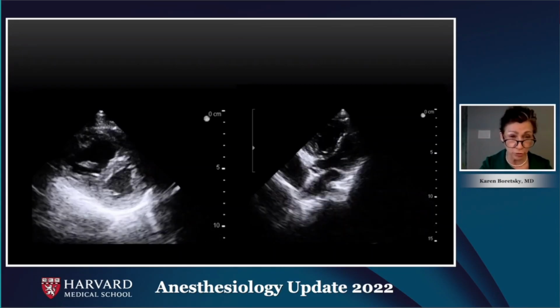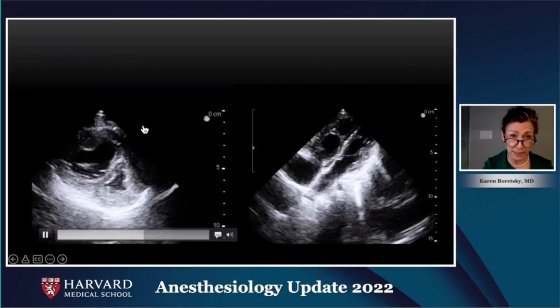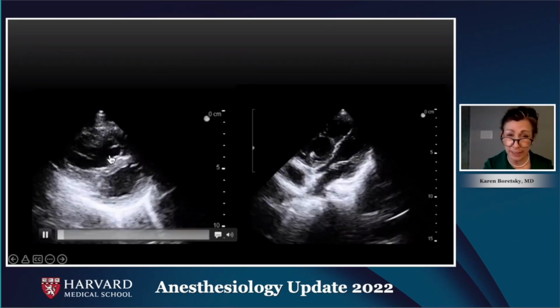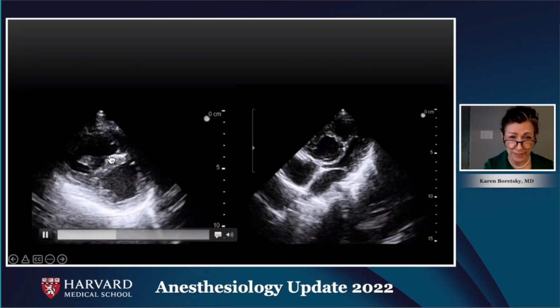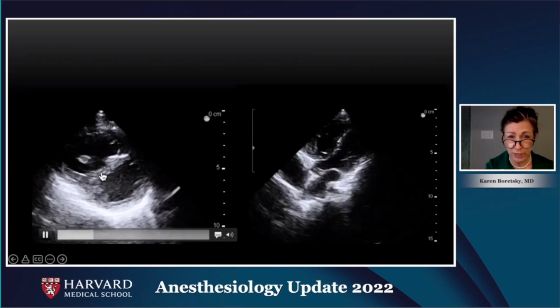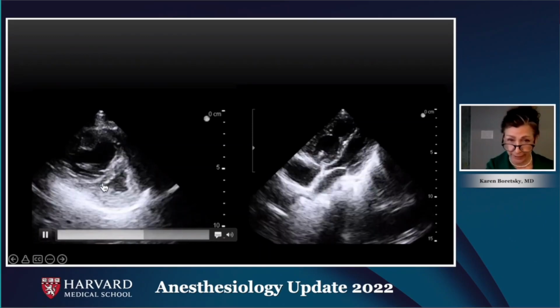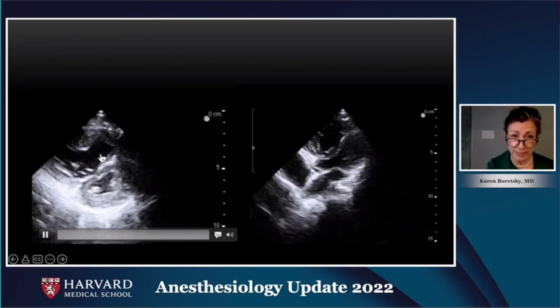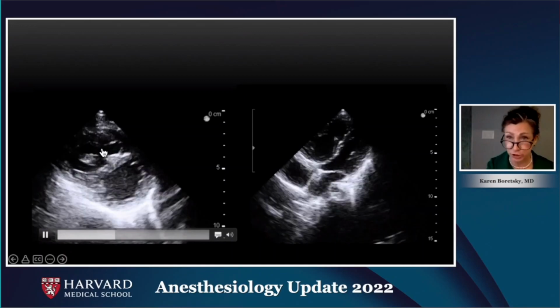What you're looking at here is a very, very dilated right ventricle that is in fact impinging on the left ventricle, which is smaller. And you see this D sign. This is indicative of pulmonary hypertension.